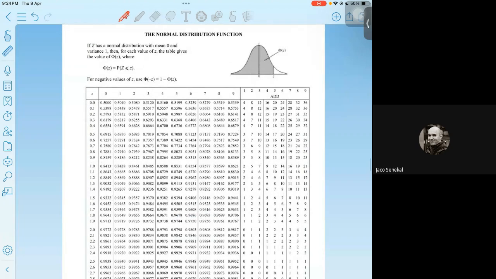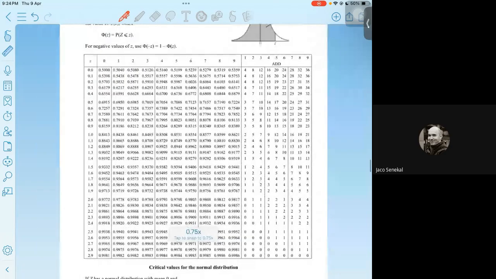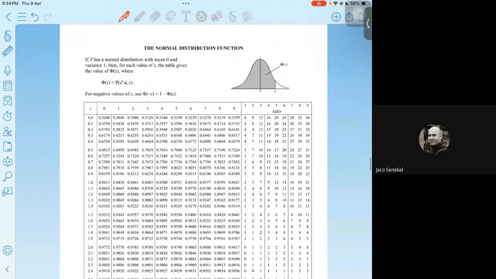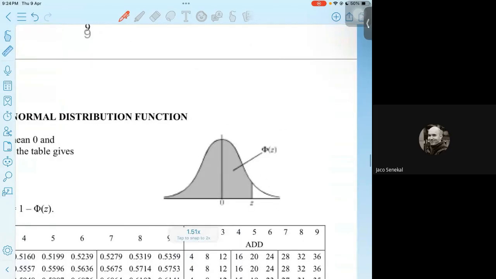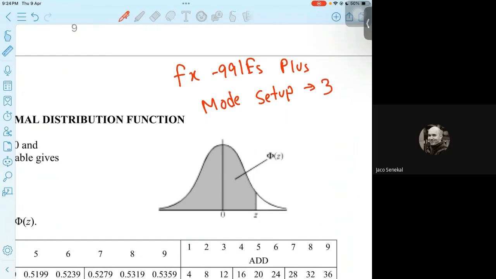But I would highly recommend that, as well as using this table, you also know how to use the calculator for finding these values. If you're using the same calculator as me, I'll tell you what calculator I use: FX991 ES Plus. In my calculator, what I have to do is first go to mode setup and then press 3. So that is stat.